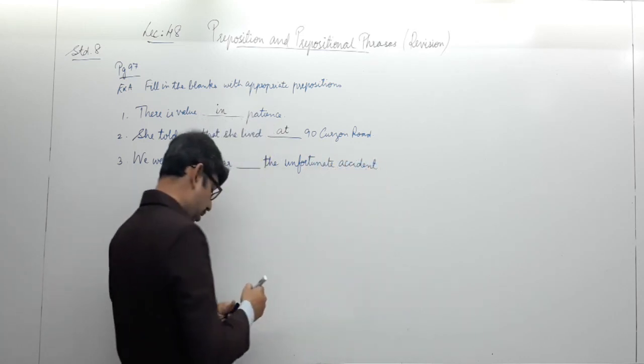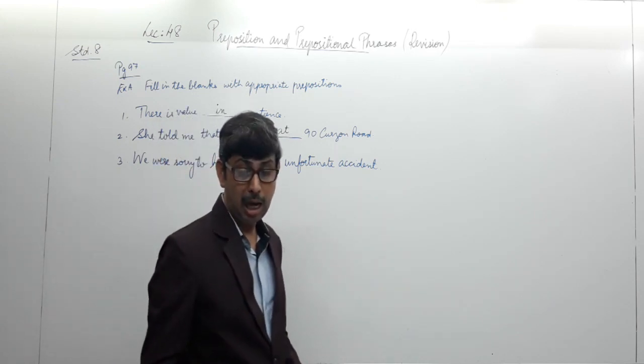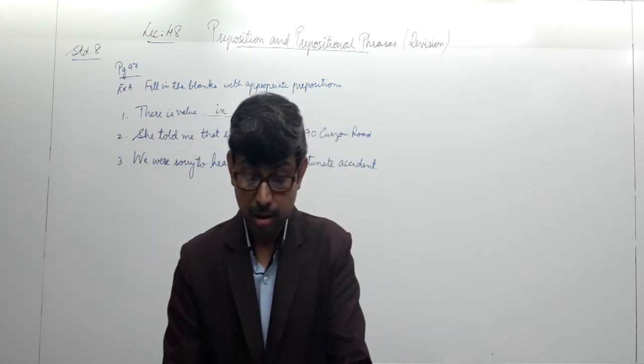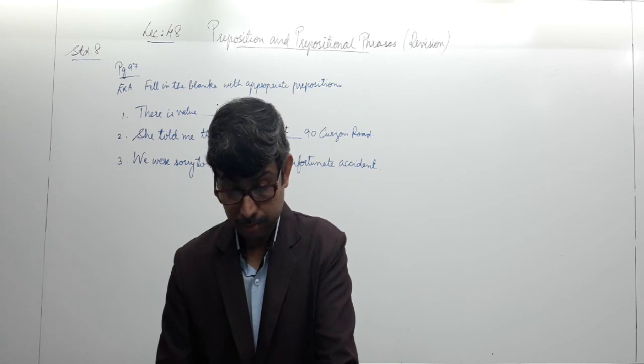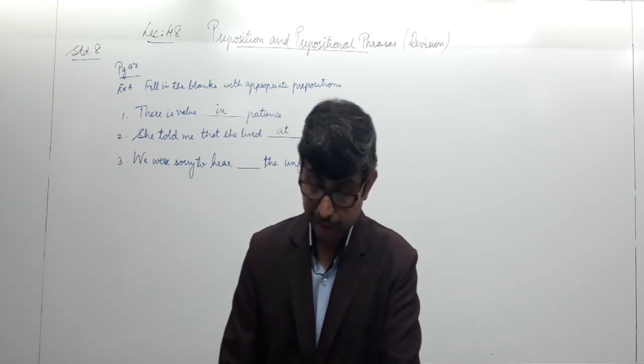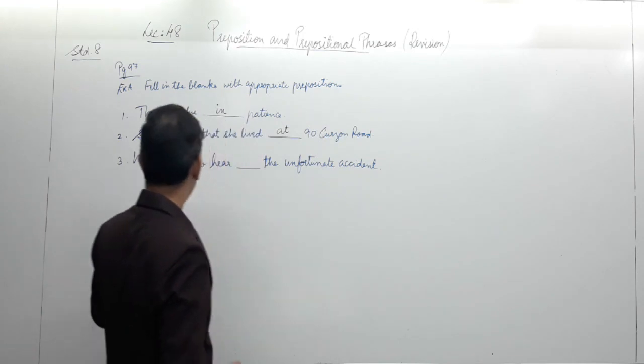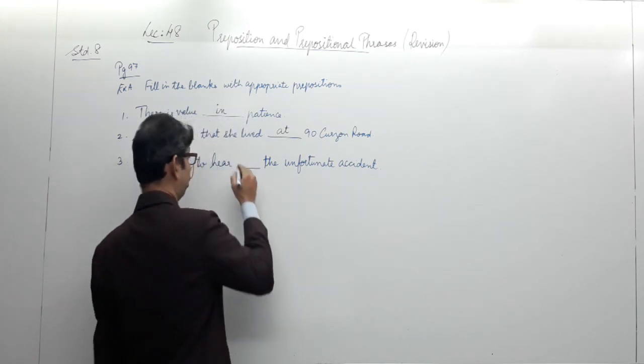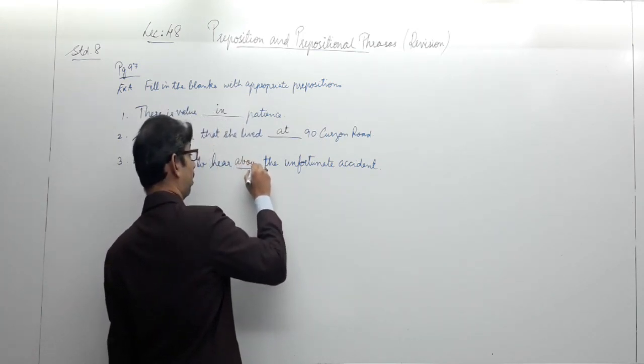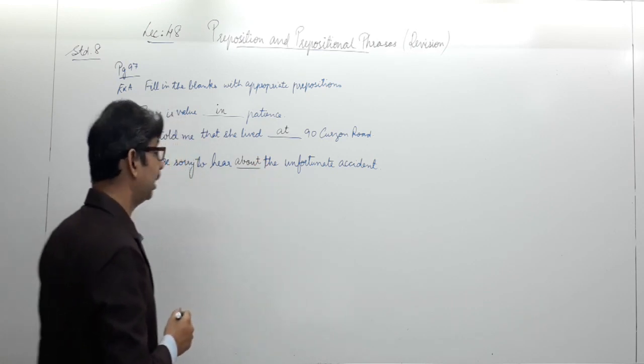So what are we going to write? Think about a suitable and appropriate preposition that you can write in this place. It will be about. Yes, I hope you guessed it correctly. About. We are sorry to hear about something. So about the unfortunate accident.